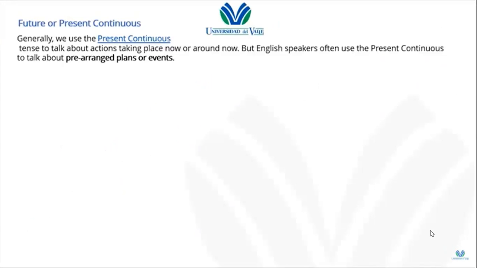But sometimes we can use the present continuous or present progressive to talk about pre-arranged plans or events. However, in order to do this, we have to use time reference phrases.